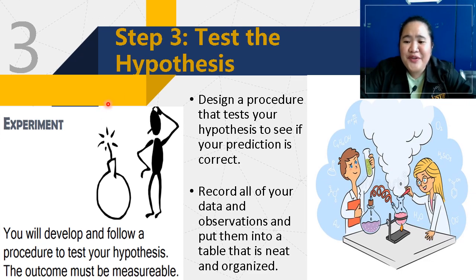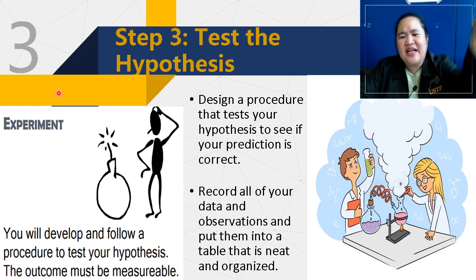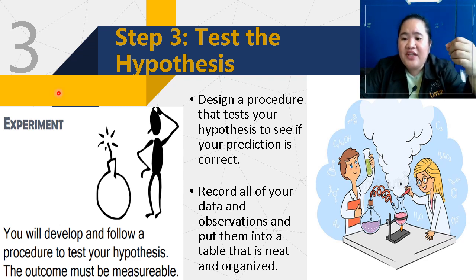Okay, so after formulating your hypothesis, step three, class, will be to test the hypothesis. In testing the hypothesis, you are actually going to do an experiment. Okay? So, for example, in our problem, we will do an experiment. But in other research, class, there is no need to experiment. Others just need to make an observation.